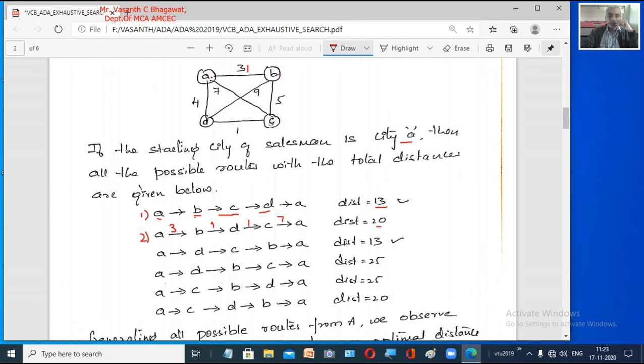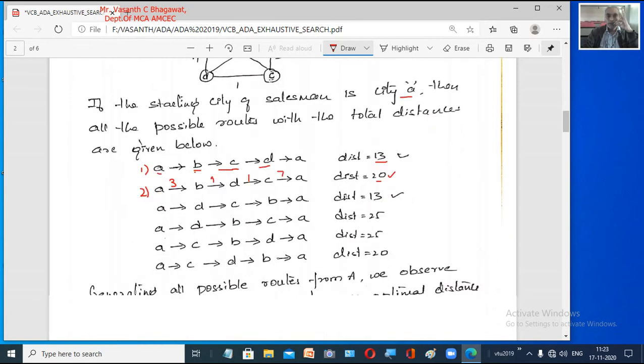So like this you write down all the possible routes for this particular problem. So totally we have 6 routes available for us, and find out all the total distances. All the distances for each route have been written here.